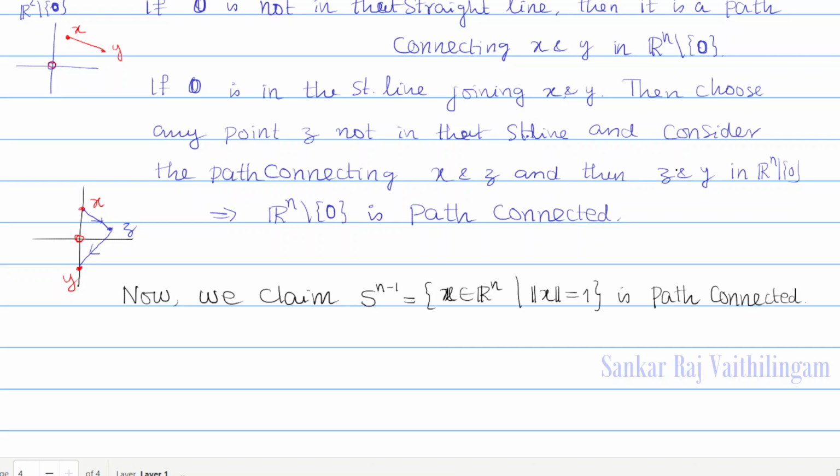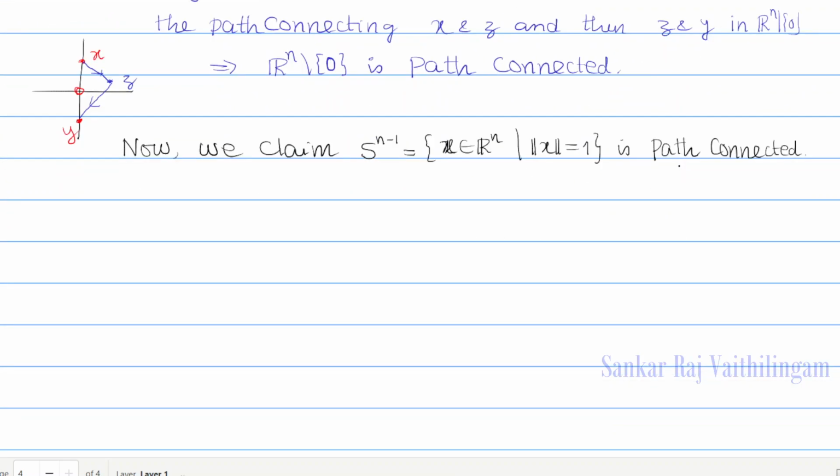So I am going to find a continuous function from Rn minus singleton 0 onto Sn minus 1, so that the range of this function is nothing but Sn minus 1.